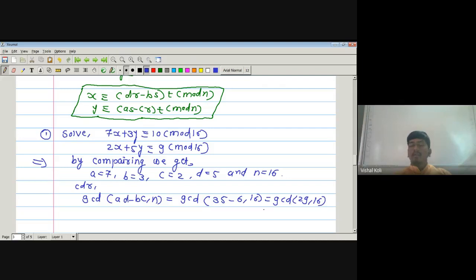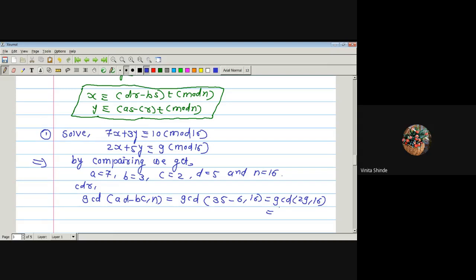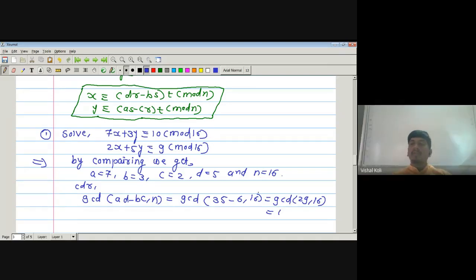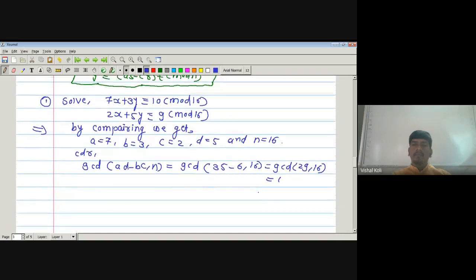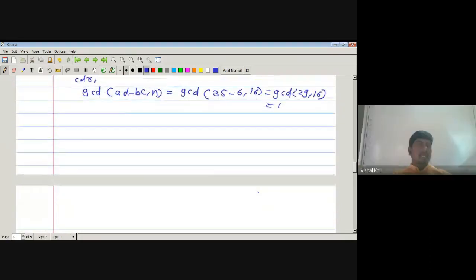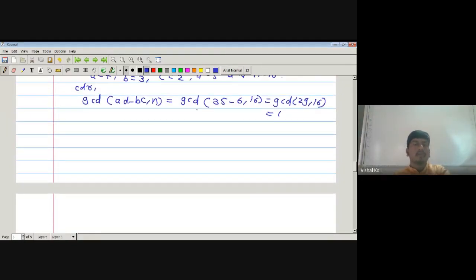Whether GCD of 29 and 16 will be 1. What is the GCD of 29 and 16? One. Whether 29 is a prime number? Yes, sir. As it is a prime number, it must be relatively prime to all other integers except its multiples. So here GCD of AD minus BC comma n will be equal to 1.